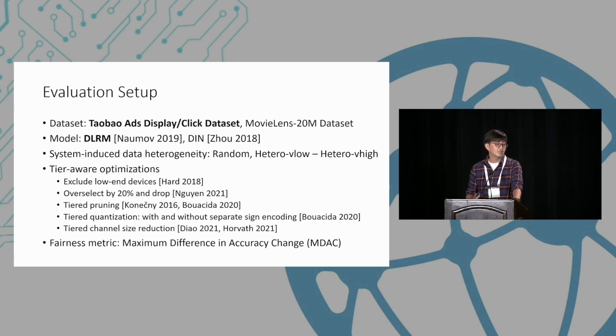We also tried using different gradient pruning based on the device tiers, different gradient quantization based on the device tiers. We looked at 2 different gradient quantization methods. And finally, we also looked at using different channel size depending on the client's device. For the fairness metric, we used maximum difference in accuracy change.